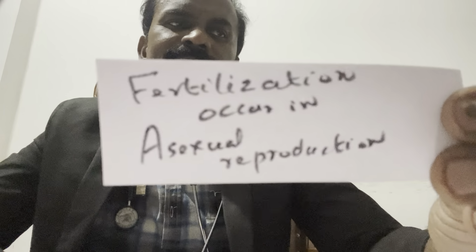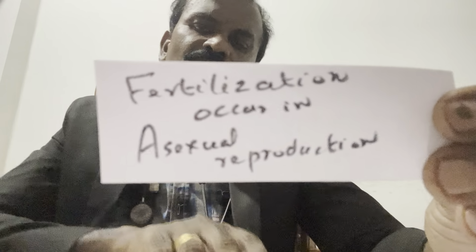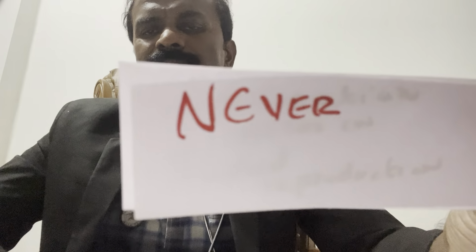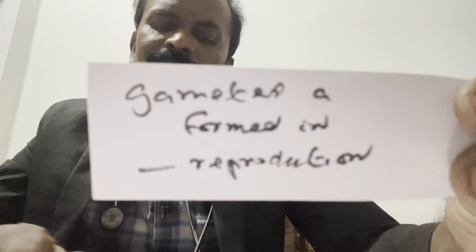Fertilization occurs in asexual reproduction. Never. Gametes are formed in dash reproduction.